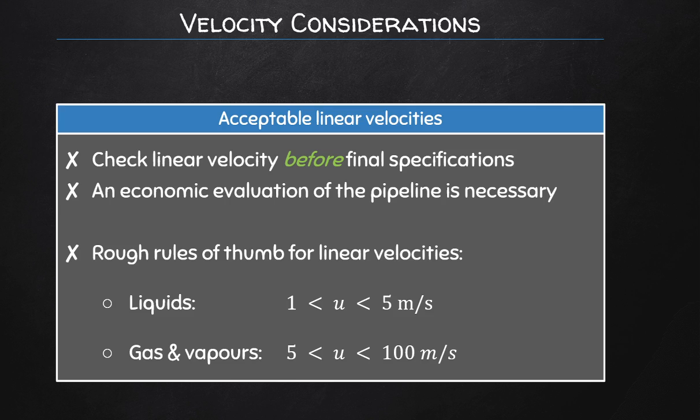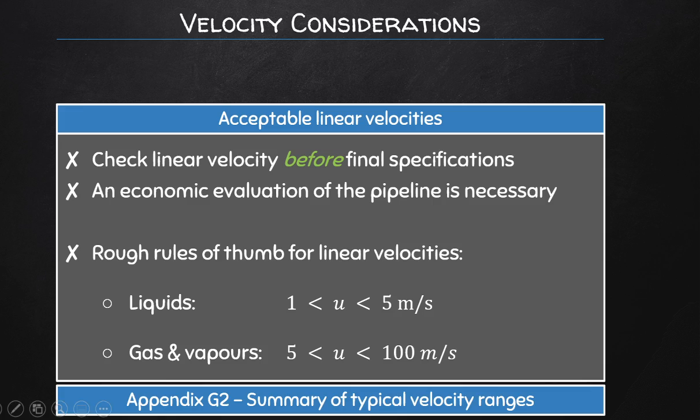And for gases and vapors, this will be slightly higher, at 5 meters per second up to 100 meters per second, but this is generally determined by the fluid. So for more specific boundaries, you can check the appendices at the back of the handbook, or you can also look online if you're working with a specific fluid that isn't in the handbook.